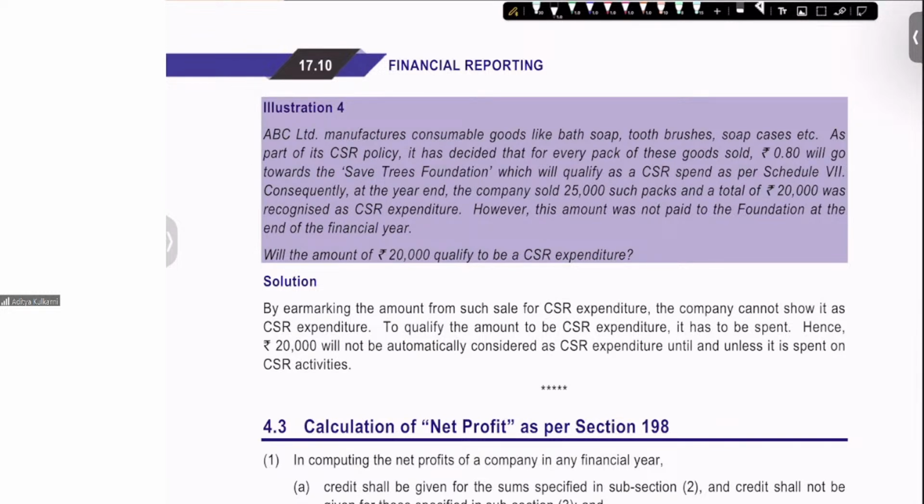Okay. Earmarking is not the same as spending. Earmarking means you are setting the money aside. Spending means आपके जेब से पैसे जाता है and it is actually paid to somebody, okay, or for some purpose. So therefore, all these earmarkings cannot qualify as a CSR expenditure. It is merely setting aside the amount. Okay, so this one is done.